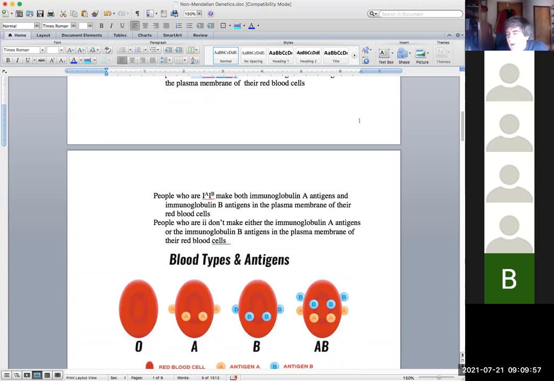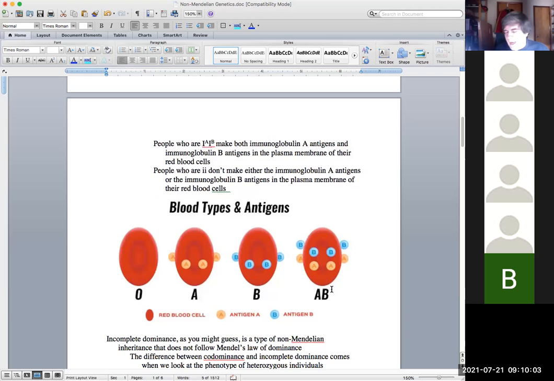So type A and type B are both dominant. Well, Mendel talked about one dominant factor and one recessive factor. And when we look at these two factors for somebody with type AB blood, they have some of the A antigens in their red blood cells. They have some of the B antigens in their red blood cells. So they have both. So if you think about it, remember the phenotype is the physical appearance.